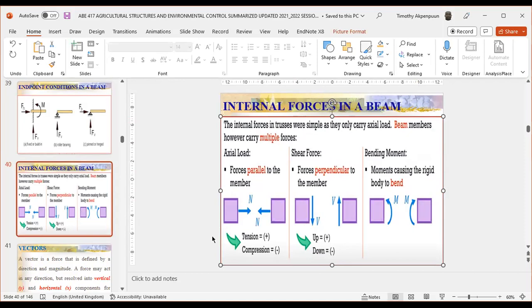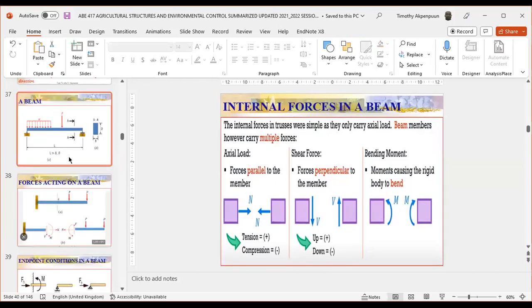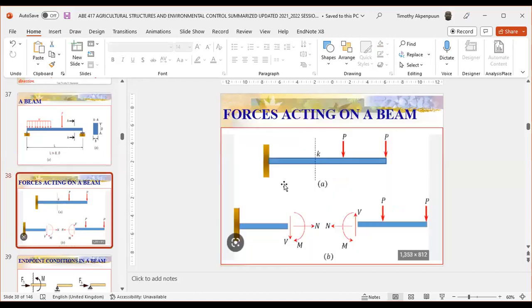Axial. That is, if we look at this beam, assume the loads P and P are now acting at the ends, either pushing the beam together or pulling the beam apart.